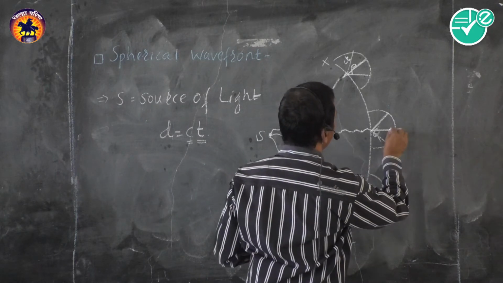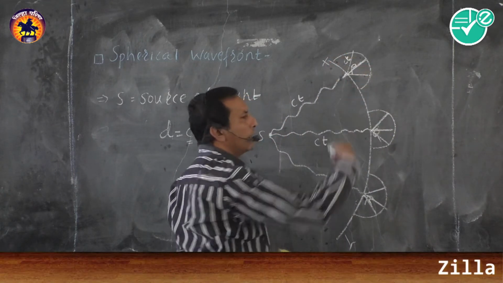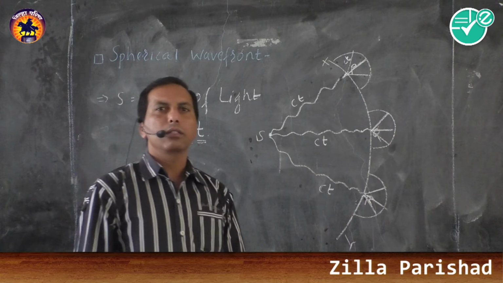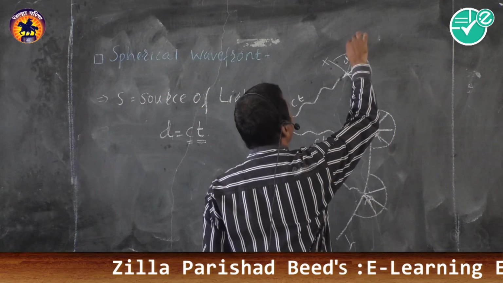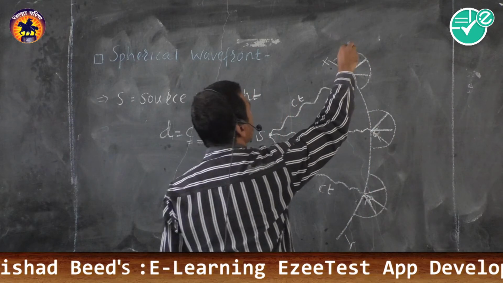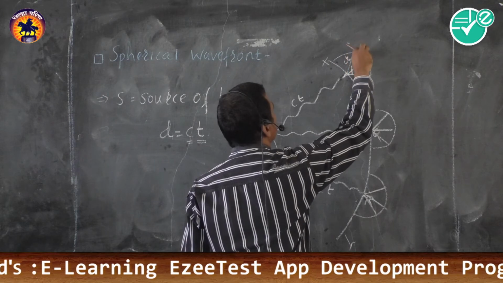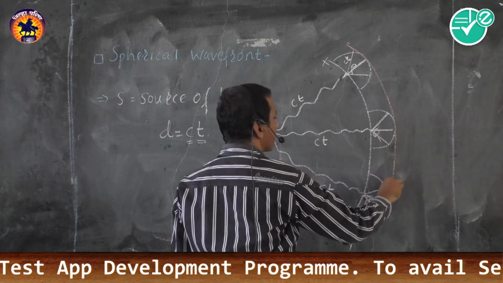As the radius of each hemisphere is the same, all the hemispheres are equal. Draw a common tangent to all the hemispheres according to Huygens' principle.